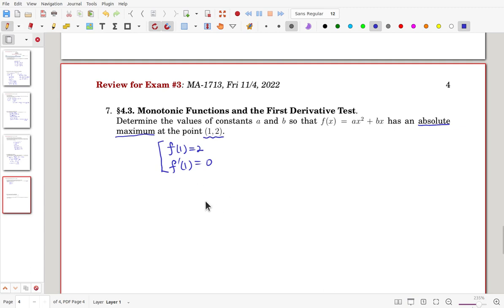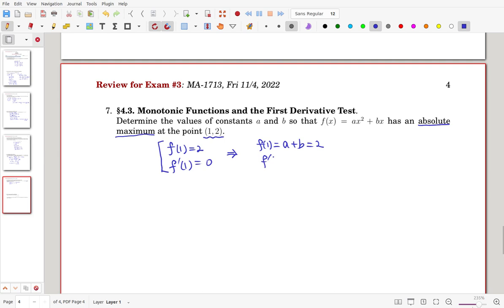Right? So we have two equations, and we try to get the specific equations for that. Here f(1) is the same as a plus b from the definition. X is 1, then there's a plus b, which is now 2. Okay, now what is f prime?